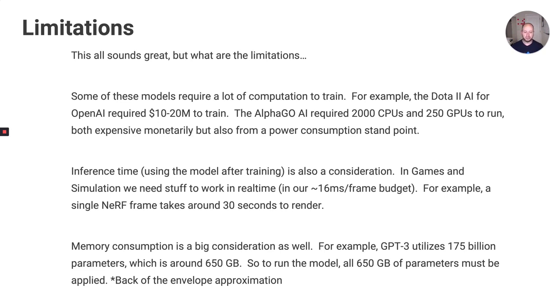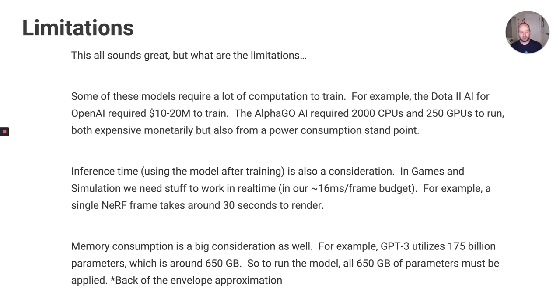Also, memory consumption is a big consideration. Remember, in the first part of this lecture, we talked about GPT-3, a language model that can generate very real sounding text. It's a very good text generator, very compelling. The GPT-3 model uses about 175 billion parameters, which is about equivalent to 650 gigabytes of data.